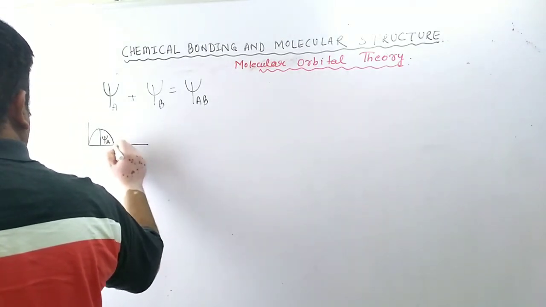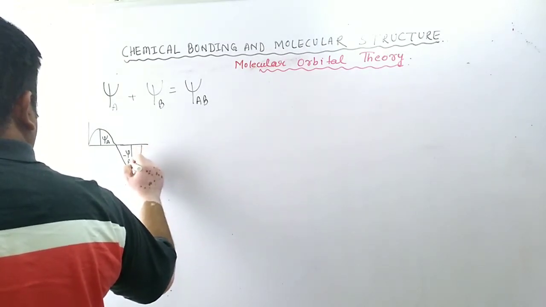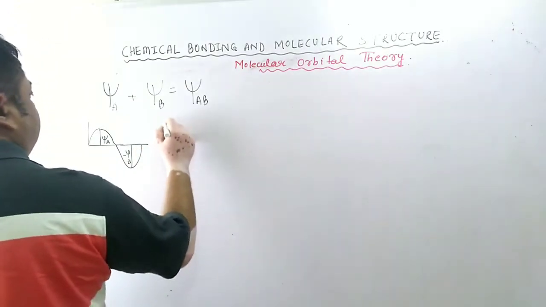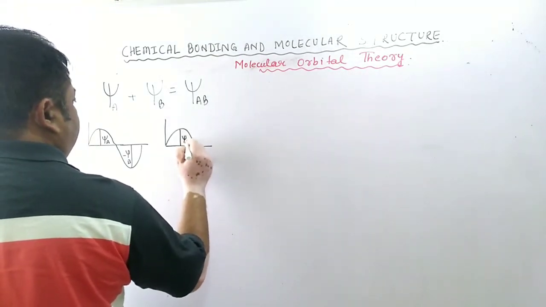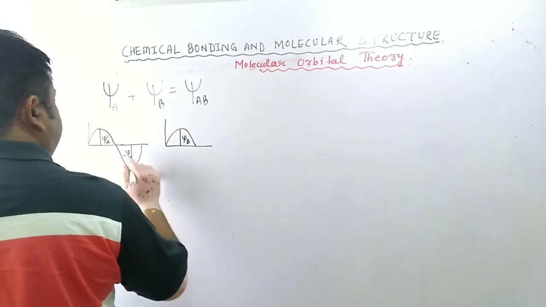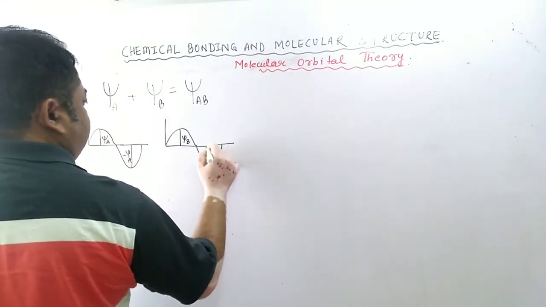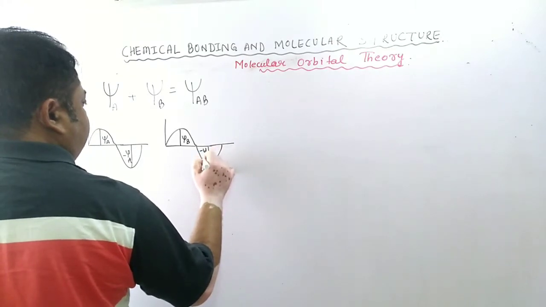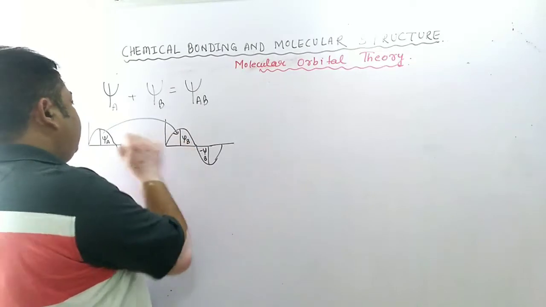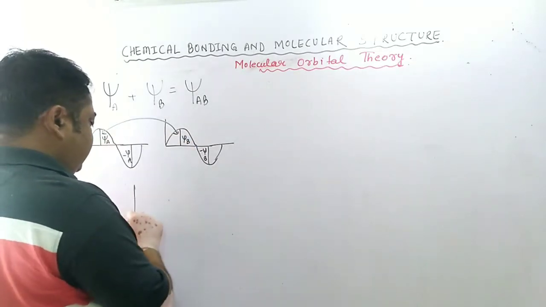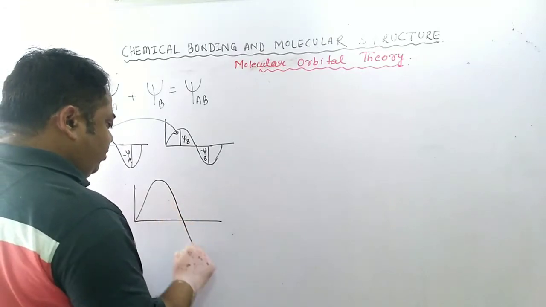Psi A, and this is minus psi A; psi B, and this is minus psi B. Now if psi A and psi B undergo constructive interference, then their amplitude will increase. That means their probability of being found will become even more.